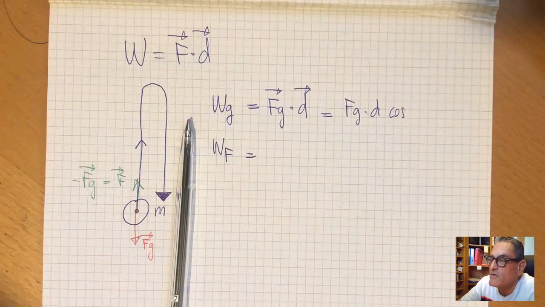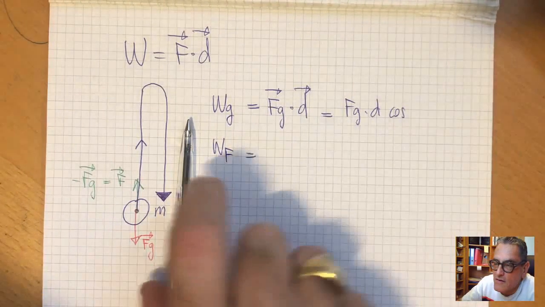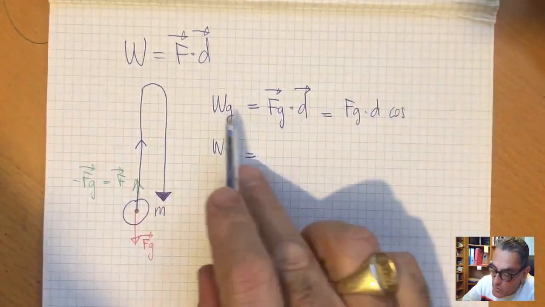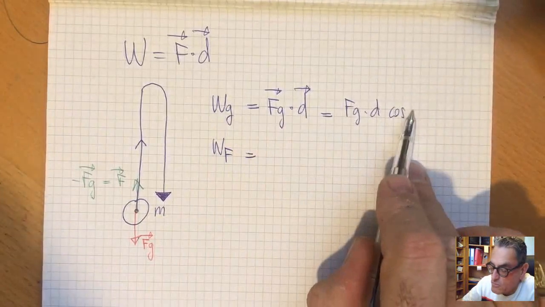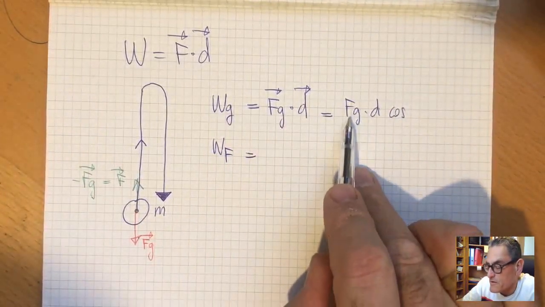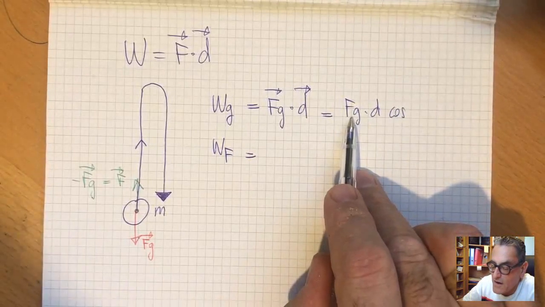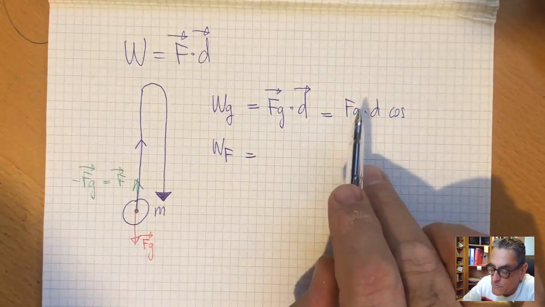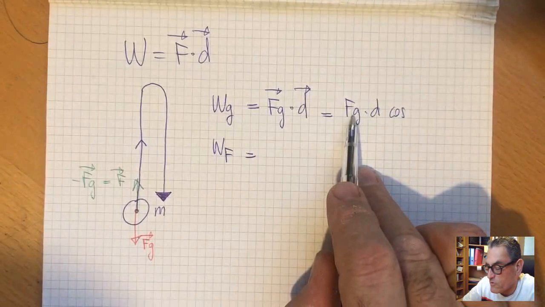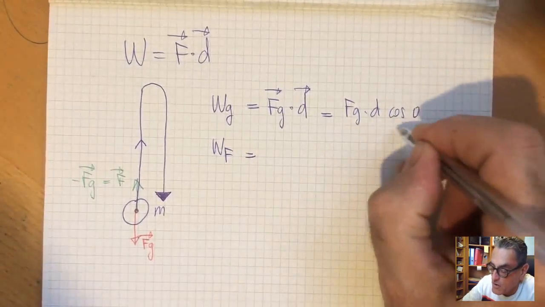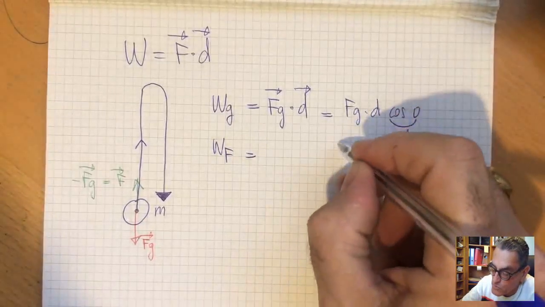So let me go back to my thing here. Okay. So the work of the gravitational force. The work of the gravitational force is the gravitational force times d times the cos of 0. The cos of 0 is 1.